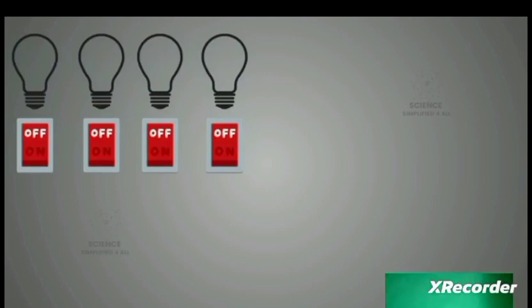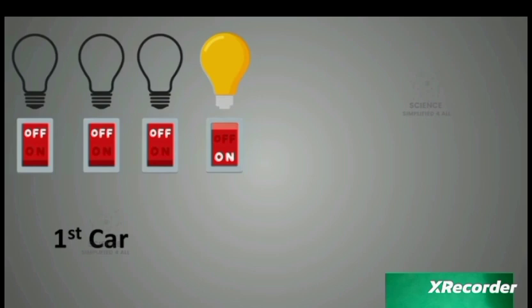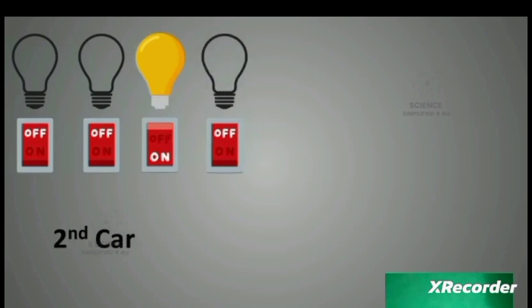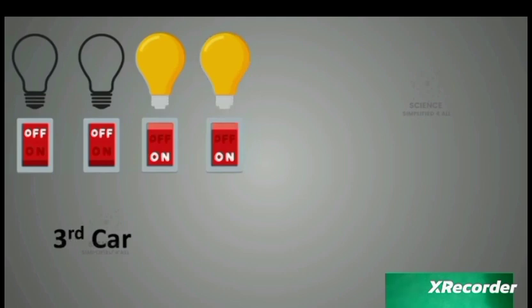When the first car goes by, you switch on the first bulb. When the second car comes, you switch off the first bulb and turn on the second. For the third car, you keep the second bulb on and also turn on the first again.